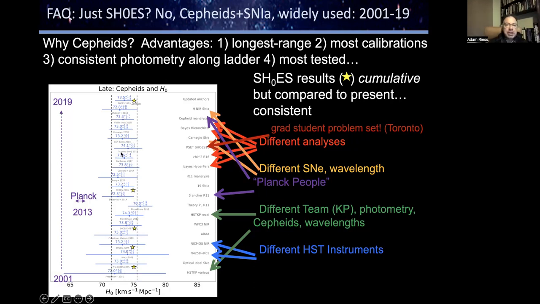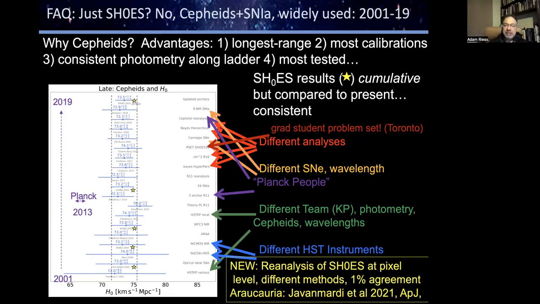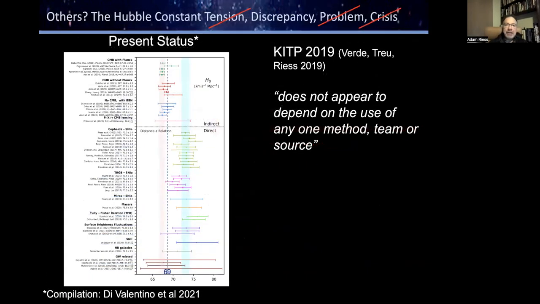Over time, the measurements have been getting more and more precise, but the central value hasn't shifted very much. There was even a team recently that went back to the Hubble archive and took the individual pixels and reproduced the measurements that we got in this paper from the Araucaria project. And so this really does look like what the universe looks like on the sky, I would say.